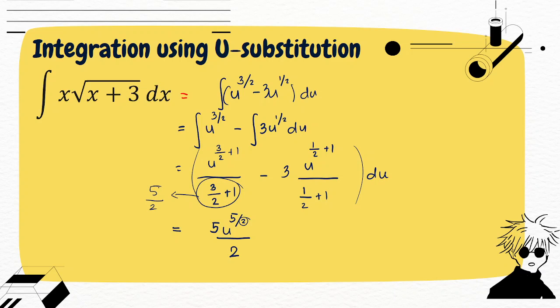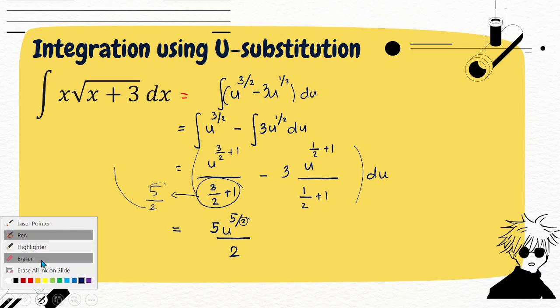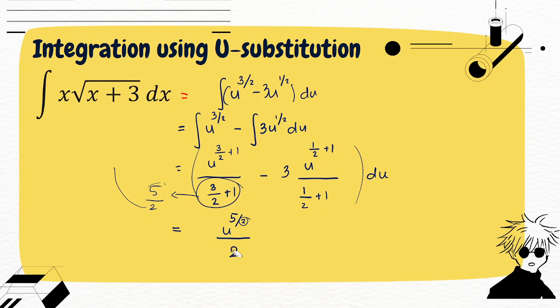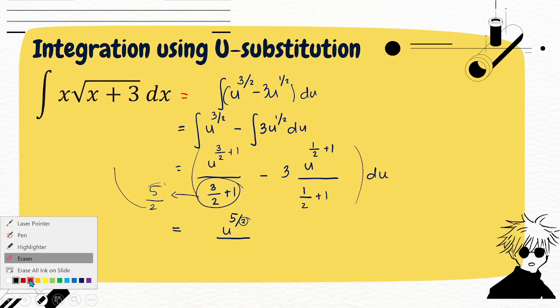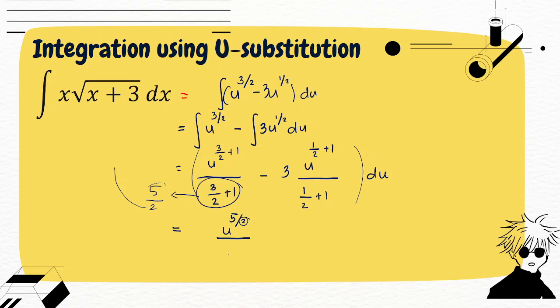Eh, nasa denominator ko ay fraction. Baliktad pala. Sa ilalim pala si 5. So, reciprocal ng 5 over 2 ay ano? 2 over 5, di ba? Tama. So, ang nasa ilalim ko is si 5. Nasa labas ko is si 2. Okay?